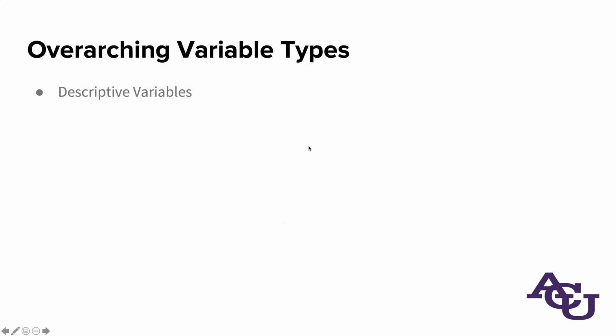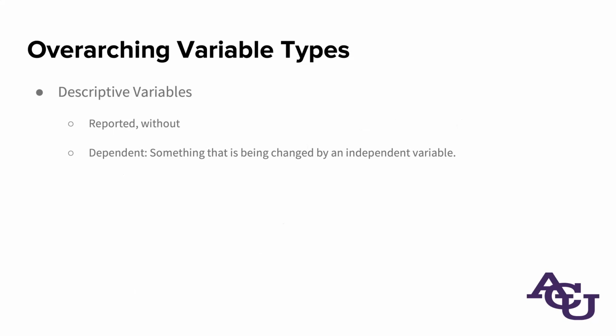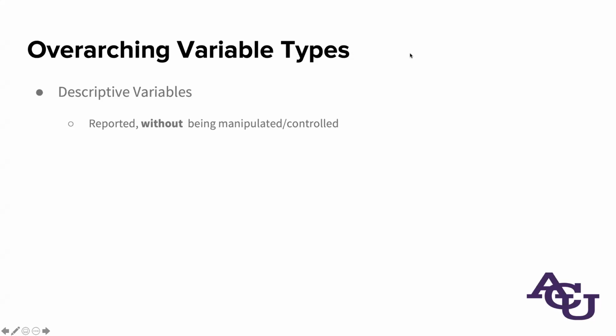Okay, so also in there, descriptive variables, that's something that we're going to be talking about in this particular assignment under analysis. So this is a type of thing that is reported. So our descriptive variables, again, are being reported without being manipulated or controlled here, which makes them not independent variables.